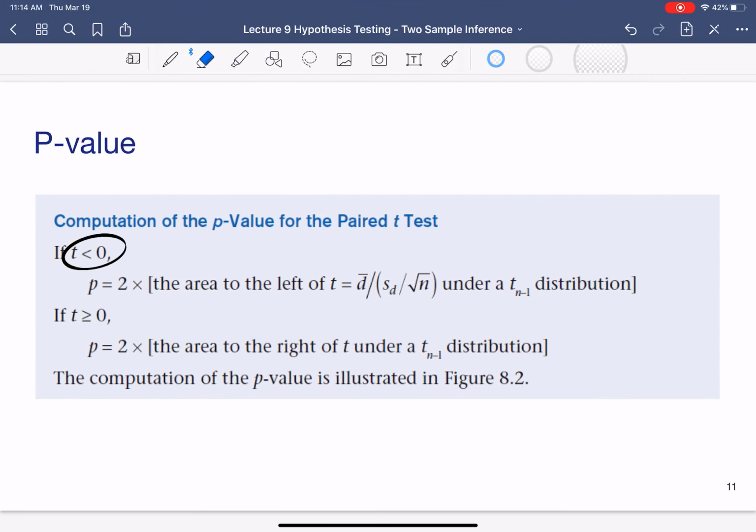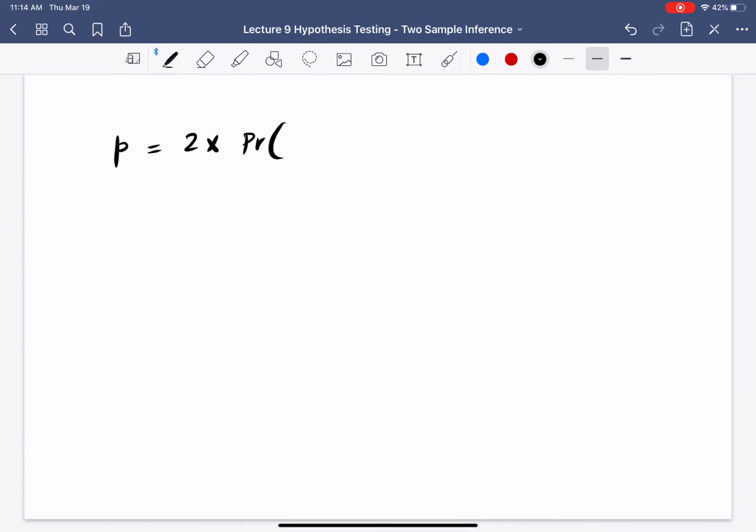So it is the probability of the area to the left of t under a tn minus 1 distribution, so tn minus 1 less than or equal to t.